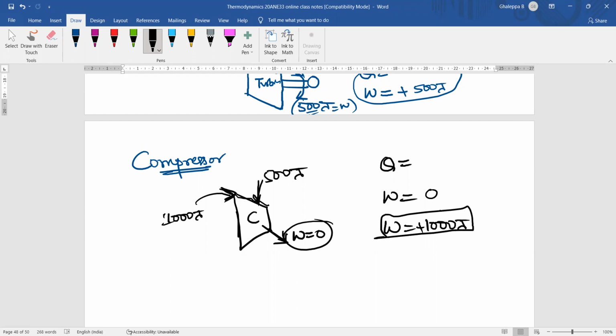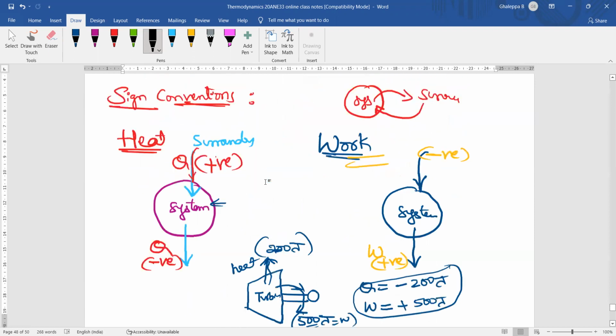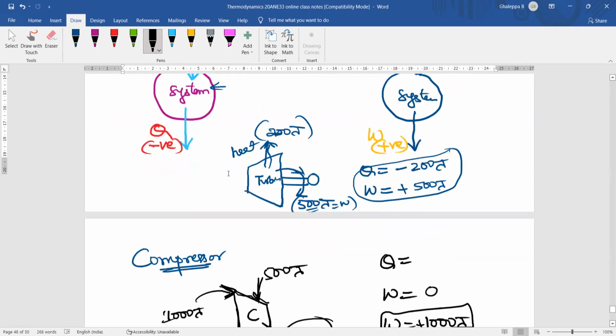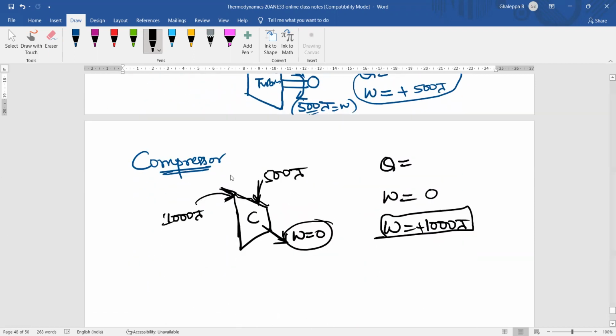Heat supplied to the system is positive or negative? Positive. Heat supplied to the system is positive. Okay, why did you say 1000 is positive? Work is supplied to the system, positive or negative?